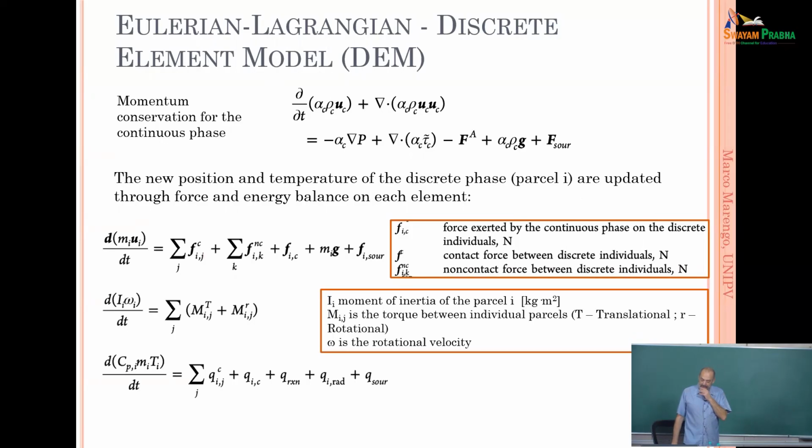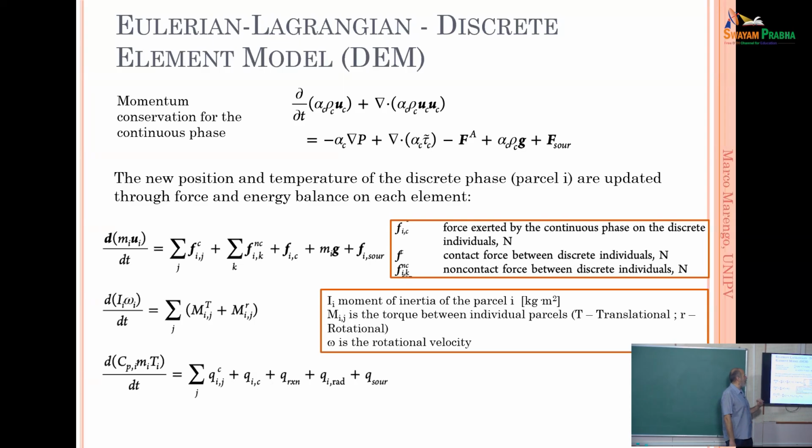Now, the problem is, as you can understand, that when we have the Lagrangian solution, we need to write the equation of motion for the parcels. The equation of motion is a classical Newton law of mechanics. And what becomes very important is to understand which are the forces that are acting.